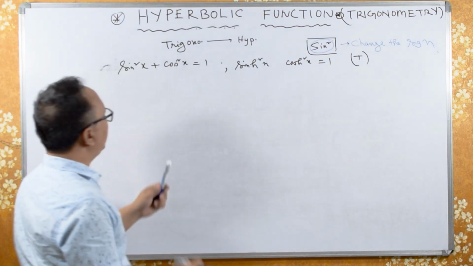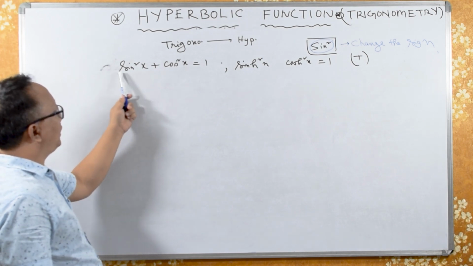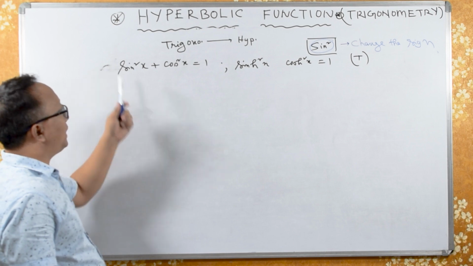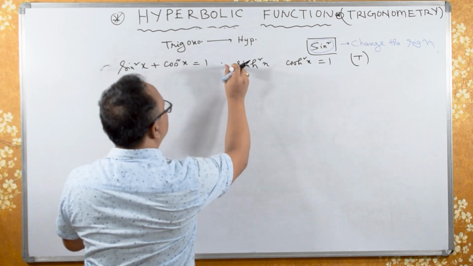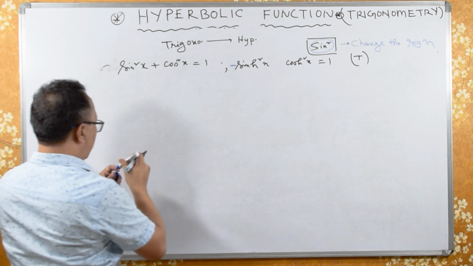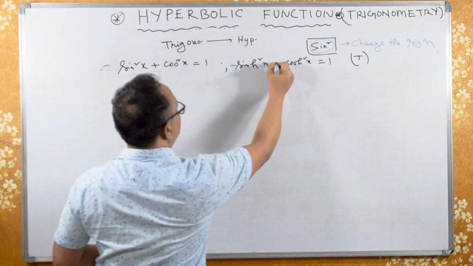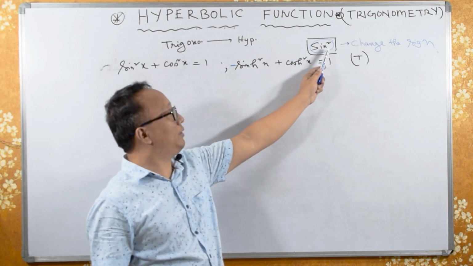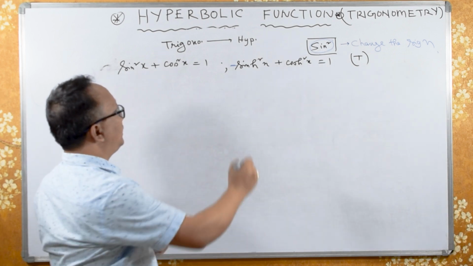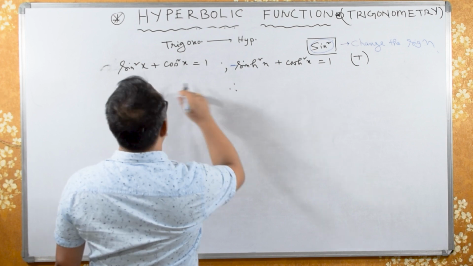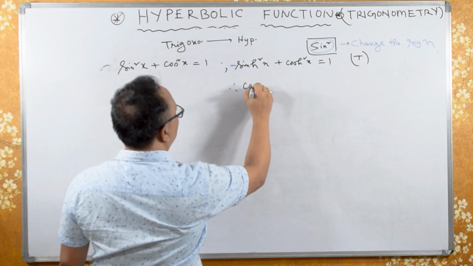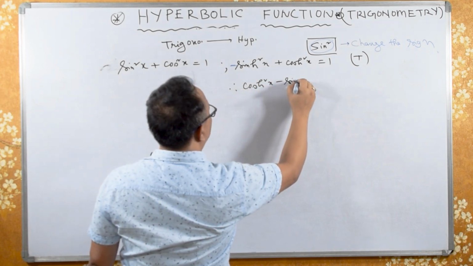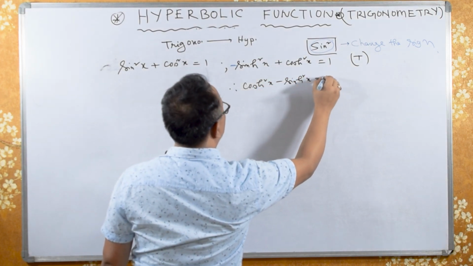Here we have sine square, and since it is plus over here, we have to write minus. But plus will not change, because we have to change only the sine square. Therefore this is the same as cos hyperbolic square x minus sine hyperbolic square x equals 1.